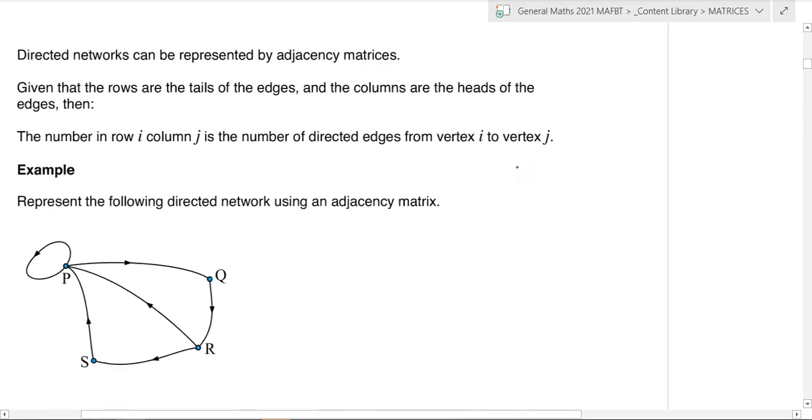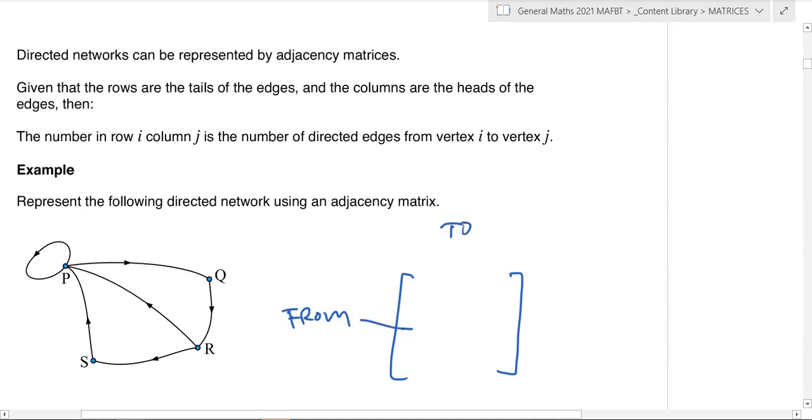Basically, if you remember back to our previous lesson, when you read a matrix for a network graph, you're looking at it as if this was from and this was to. So you always start from here to there. The rows refer to where the tails come from, and the columns refer to where the tails are heading to. So it's always from, then to. That's what this sentence is talking about.